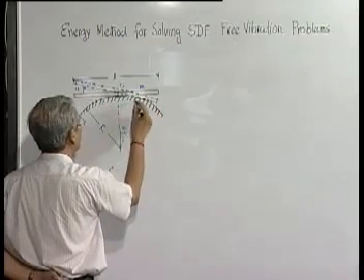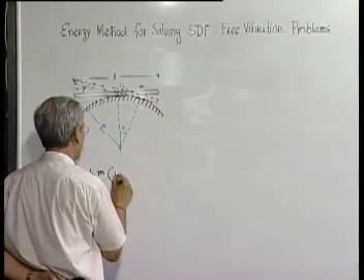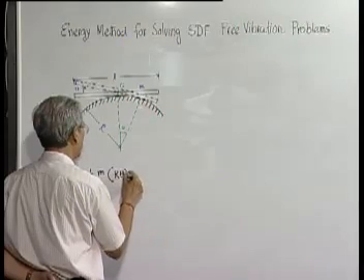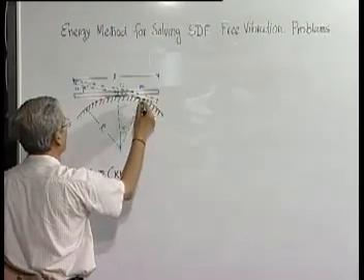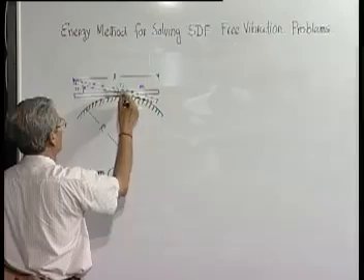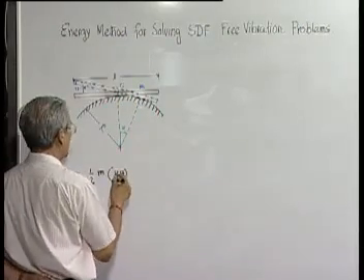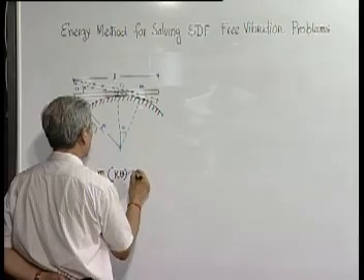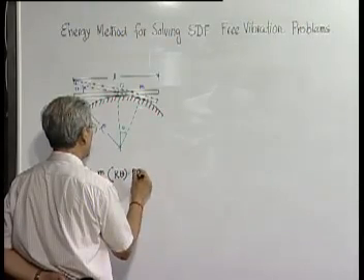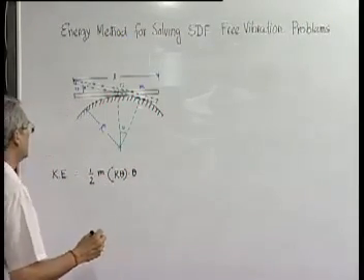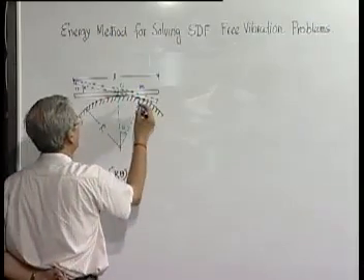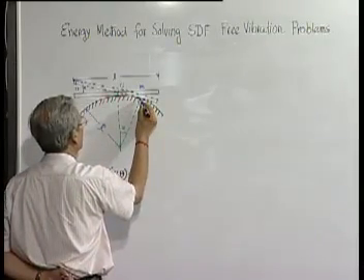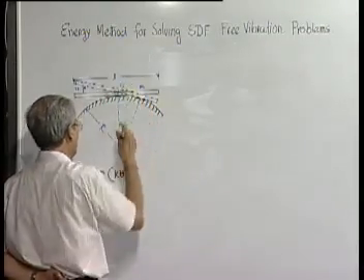This length is nothing but r into theta, exactly, and then theta dot is the angular velocity. So this point's velocity will be the velocity of this point, which is 0, plus this square.